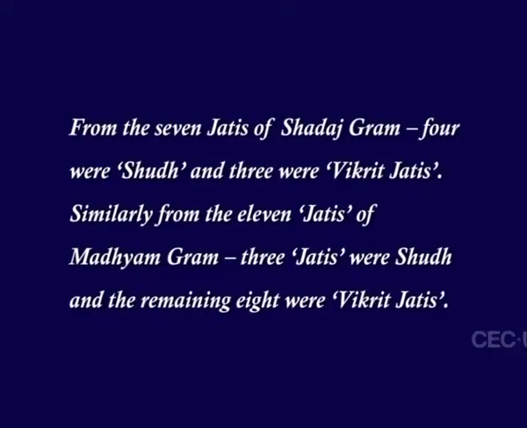Among the above mentioned 18 jatis, 7 jatis were Shuddha, while 11 were considered Vikrit jatis. From the 7 jatis of Shadaj gram, 4 were Shuddha and 3 were Vikrit jatis. Similarly, from the 11 jatis of Madhyam gram, 3 jatis were Shuddha and the remaining 8 were Vikrit jatis.